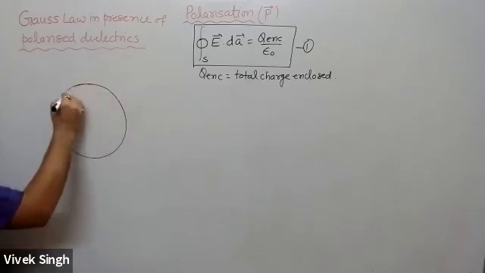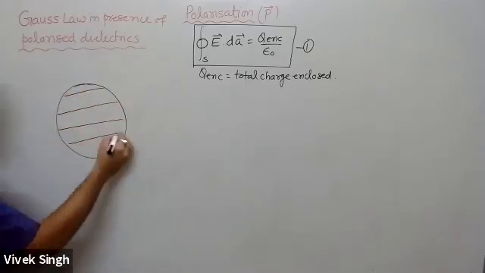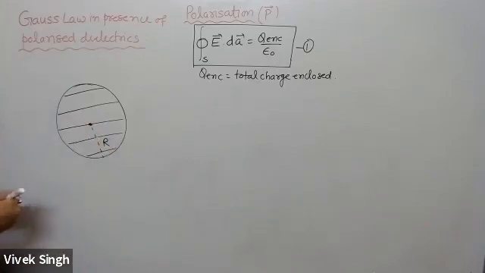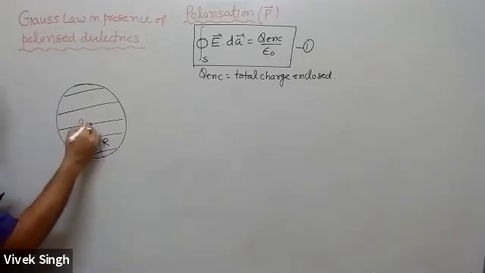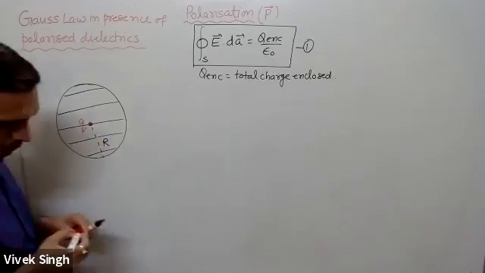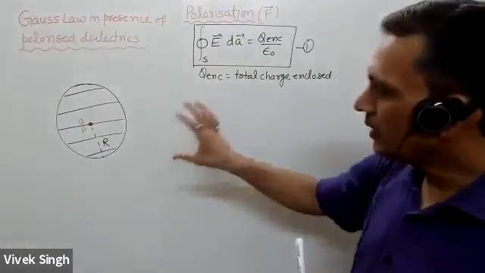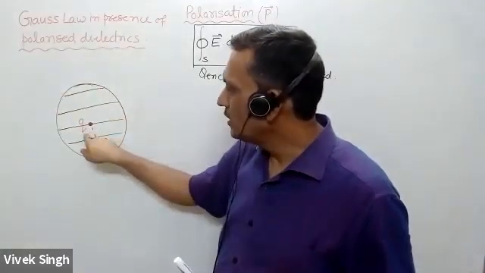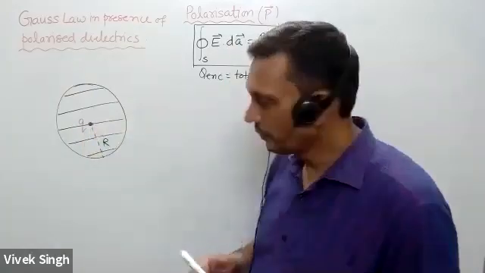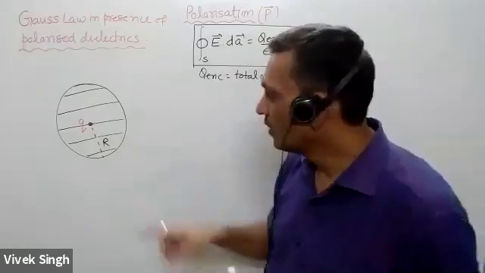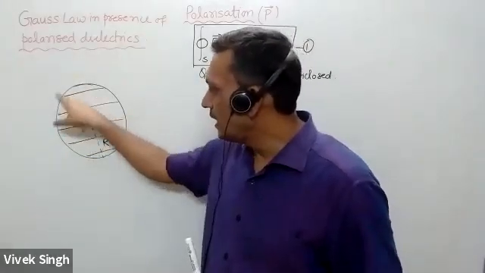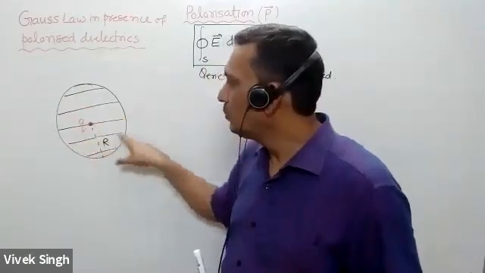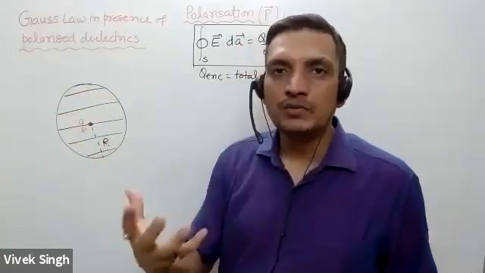Let us consider this dielectric of radius r, and let us place charge q at the center. Again, consider this case. You have a dielectric and charge q is embedded at the center. So what will happen? This dielectric is placed in the external field of charge q, so the dielectric will get polarized and bound charge will develop.